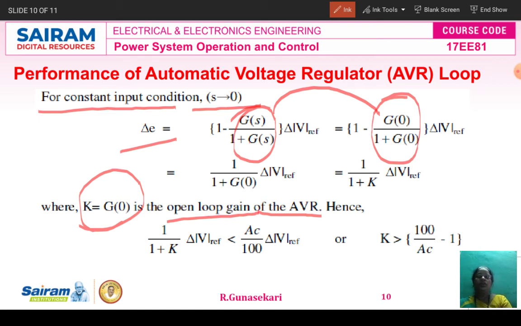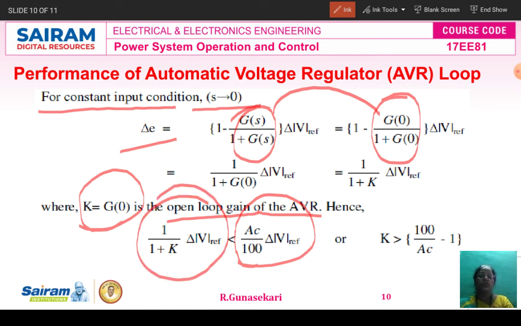So in the previous formula, 1 divided by 1 plus K into del V reference must be less than, because the error voltage is only less than AC divided by 100 into del V reference.